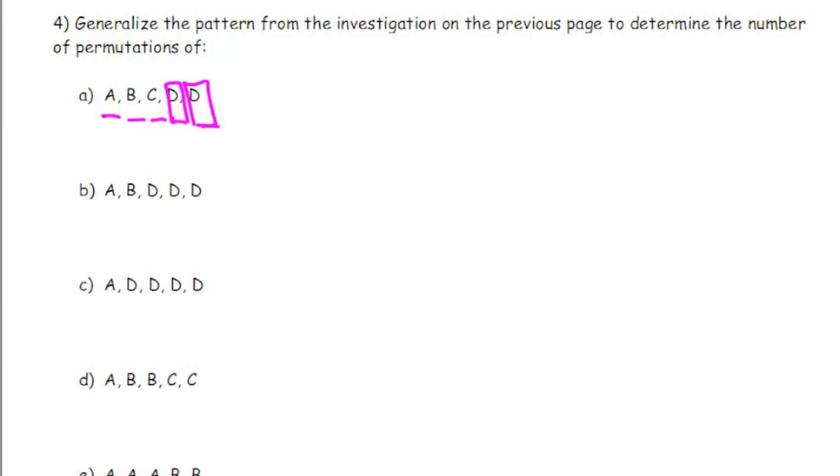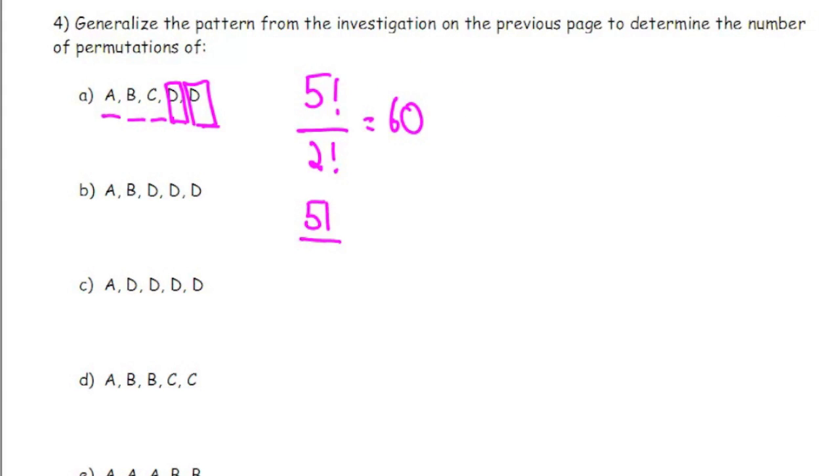Well, if you take a look at our previous questions, the way we came up with our solutions using factorial notation was we took the number of objects, which was 5 factorial, took all the possible combinations of them, and then divided it by the number of combinations involved in the identical objects. And in this case, that means there were 2 identical D's, giving us a final solution of 60 permutations.